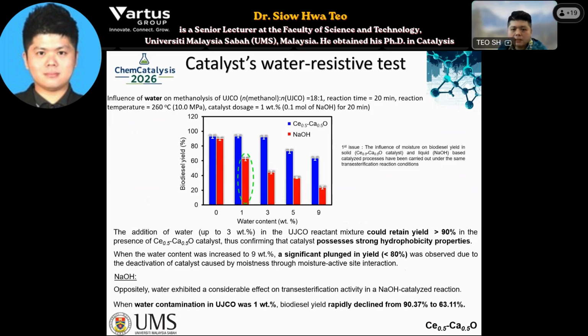A further increase in water content eventually reduced the biodiesel yield for both systems, but the mixed oxide catalyst consistently outperformed the conventional homogeneous catalyst. This result demonstrates the superior water resistance of the mixed cerium calcium oxide catalyst, highlighting its potential for practical biodiesel production using feedstock that may contain moisture impurities.